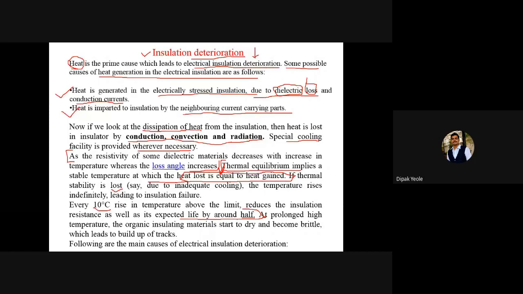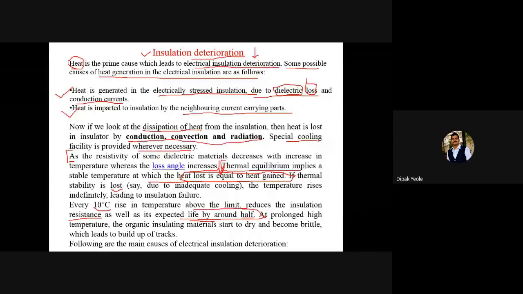If global warming is going to increase day by day, then the life of Mother Earth is going to decrease. Same way here also, if the temperature goes above the limit, then it reduces the insulation resistance and it will decrease the life also.